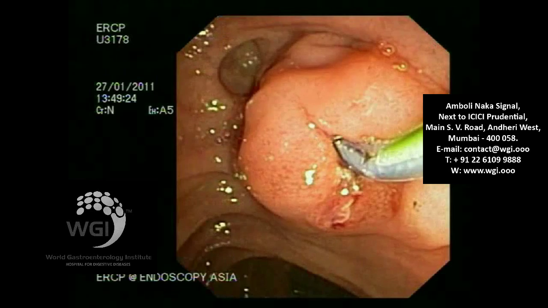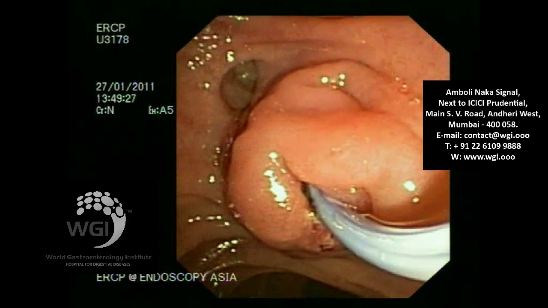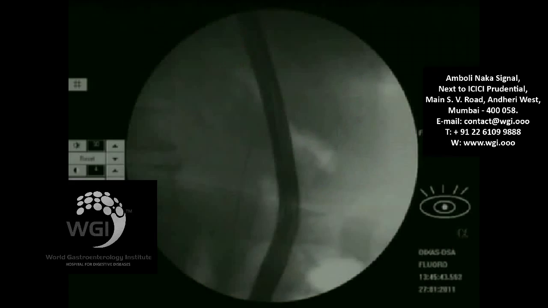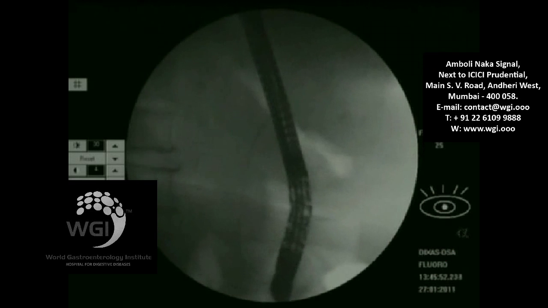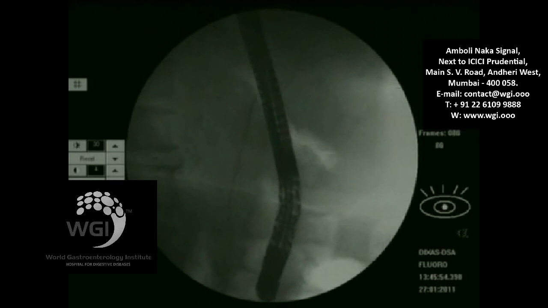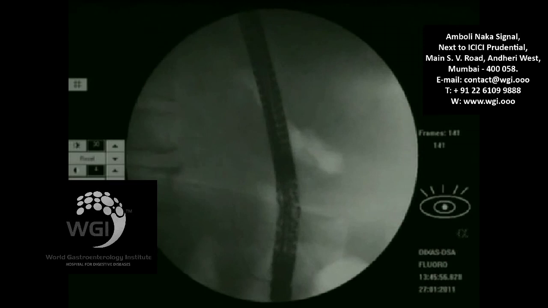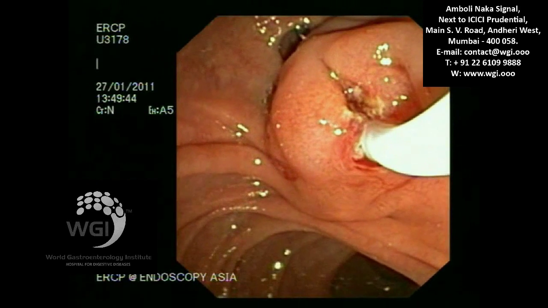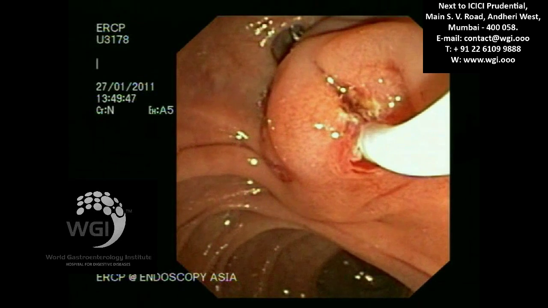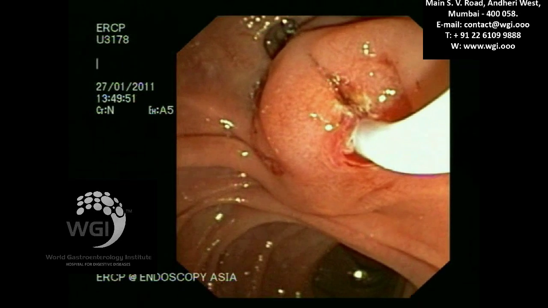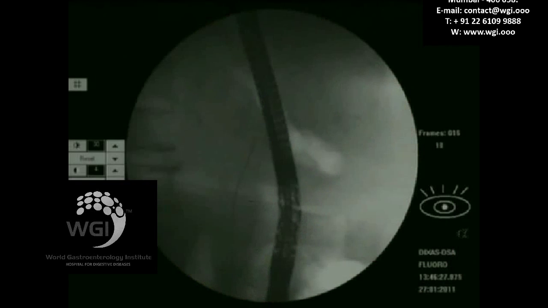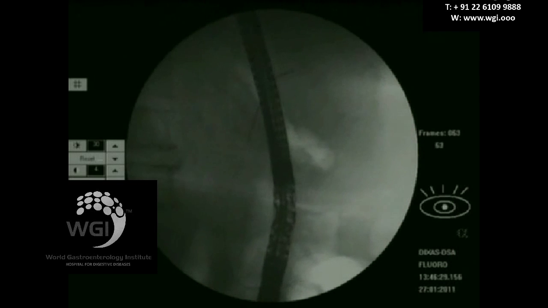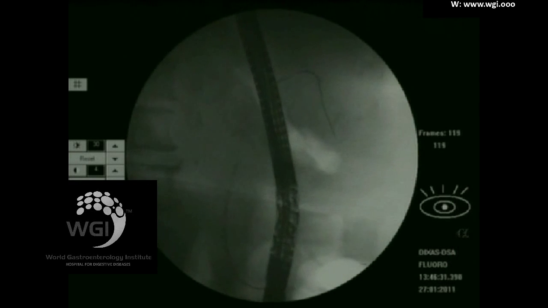We always place a guide wire first deep into the biliary system and then inject contrast. Sometimes when there is severe purulent cholangitis and if a cholangiogram is not needed, we may avoid injecting contrast. So this is our practice in selective cases.